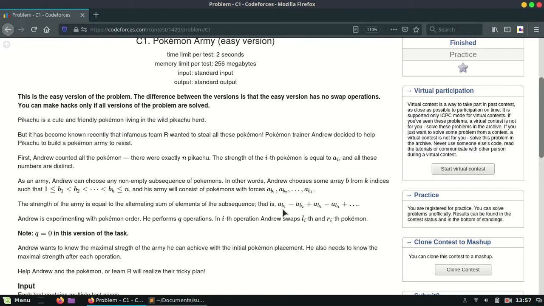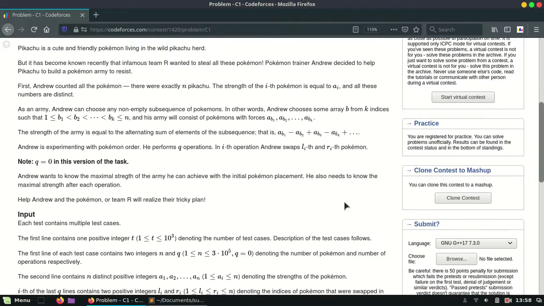The even place number will not be the back one, it will be the front one. So we will subtract the first element from the second, the third from the fourth, the fifth from the sixth. So we subtract odd with even.